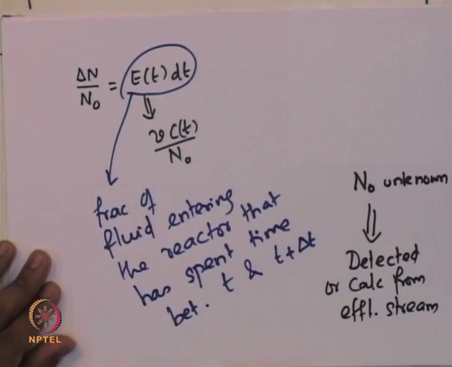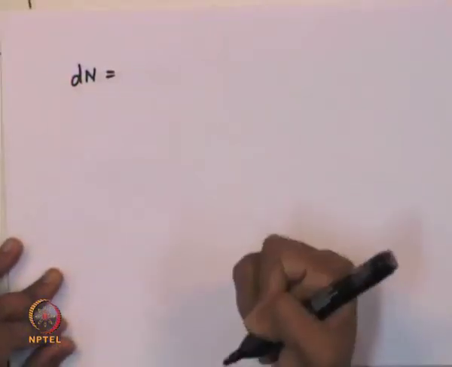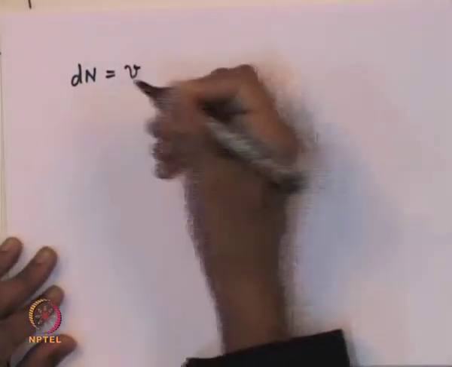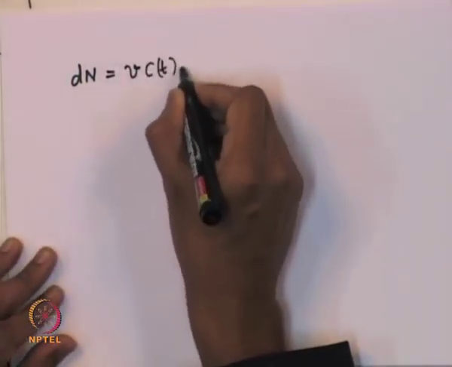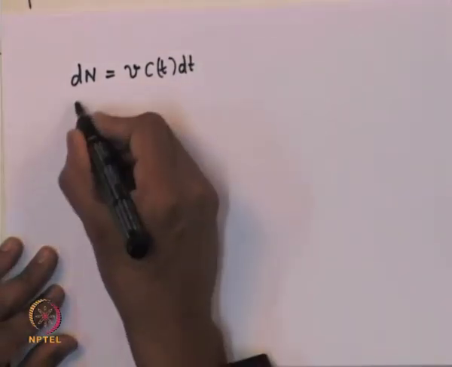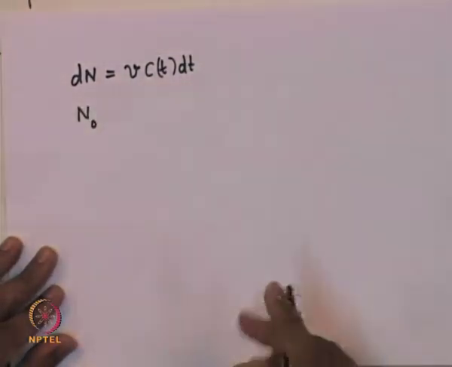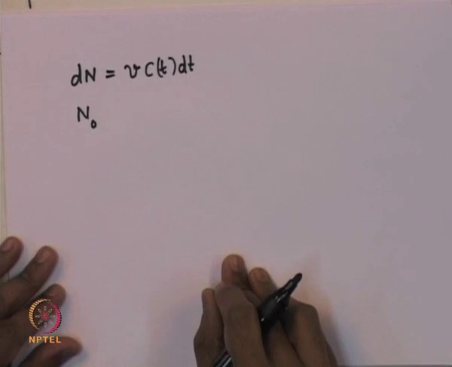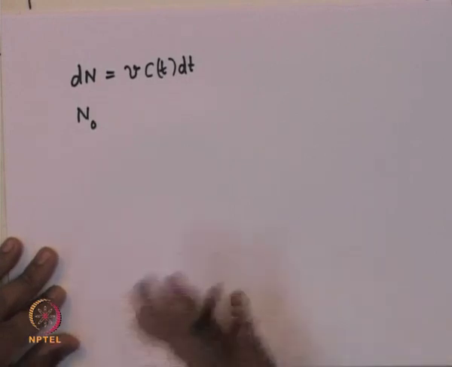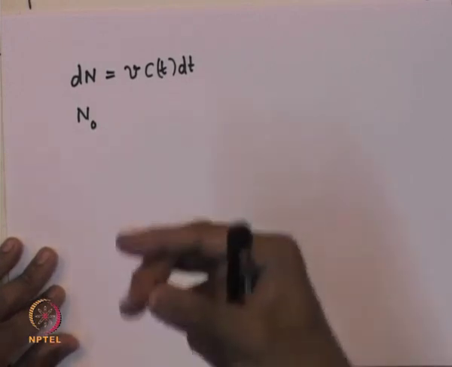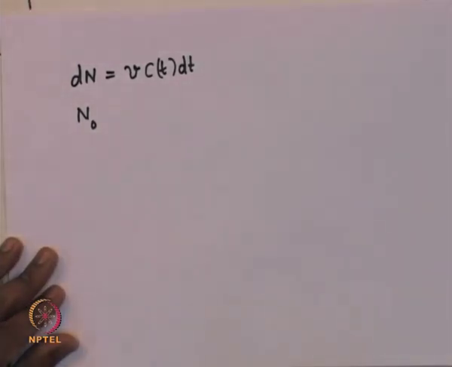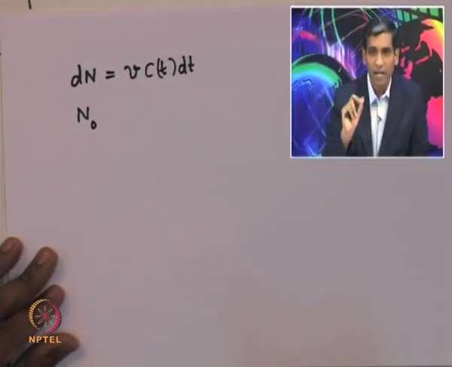So, how do we do this? dN is given by the volumetric flow rate V multiplied by C of t into dt. Therefore, N naught, the total amount of tracer fed into the reactor. Remember, it is a pulse tracer, that means there is a sudden injection of the tracer at a certain time and for a very short time.